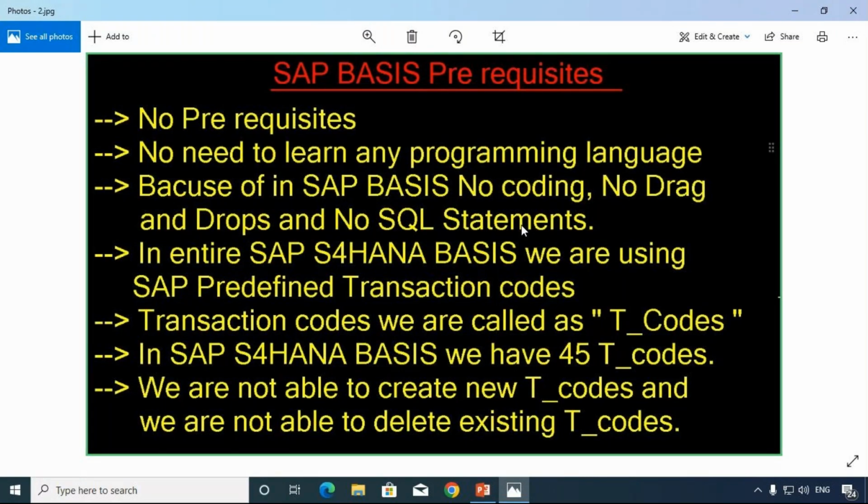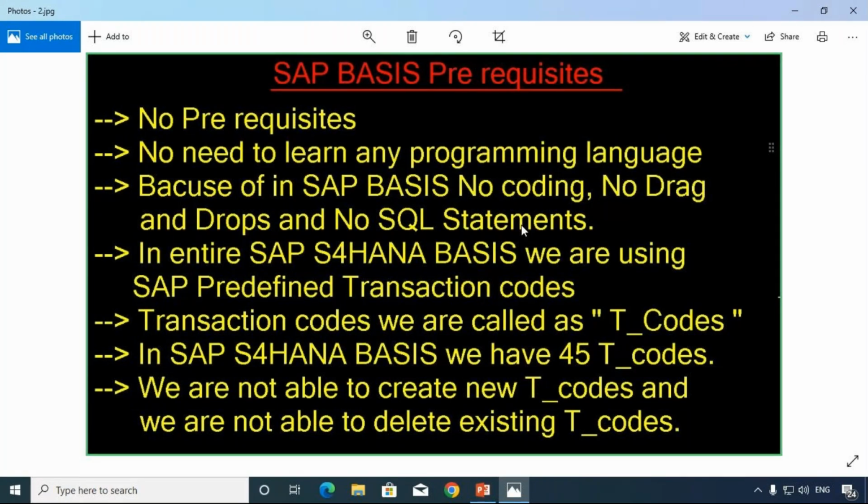So our work is constant, repeated work. The work will not be changed daily as per the client requirement, because this is not coding. The basis role is totally an administration role. So once we learn the 45 T codes, that's enough.